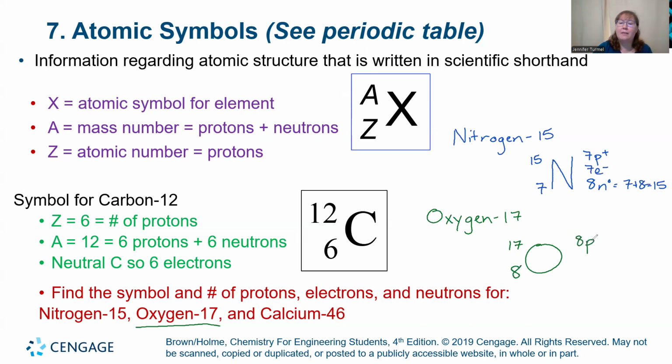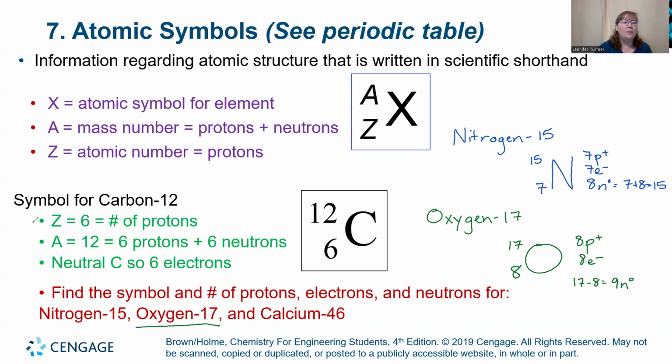What that means is that I have 8 protons and 8 electrons. In order to find my number of neutrons, I take that 17 minus 8 and I get 9. And that is my number of neutrons.